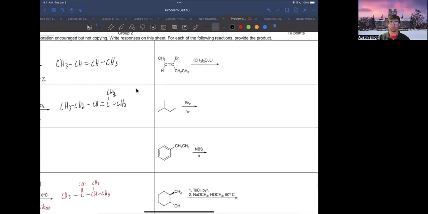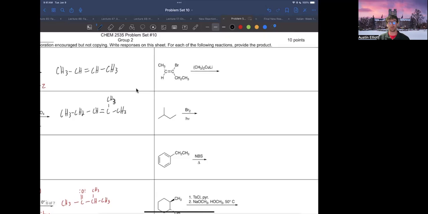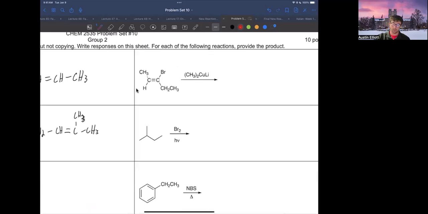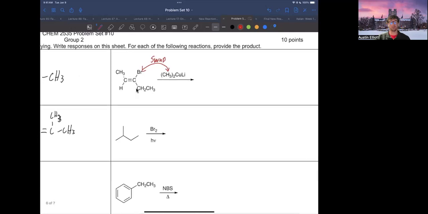So now moving up to the right side, we have our organocuprate. Like I said earlier, it just adds what's in the parentheses. So basically, we're going to swap those two things.